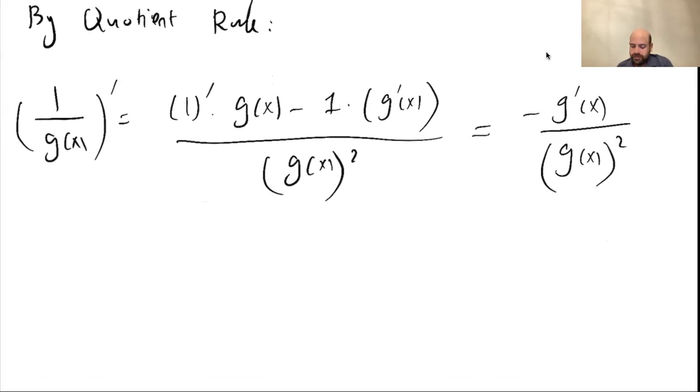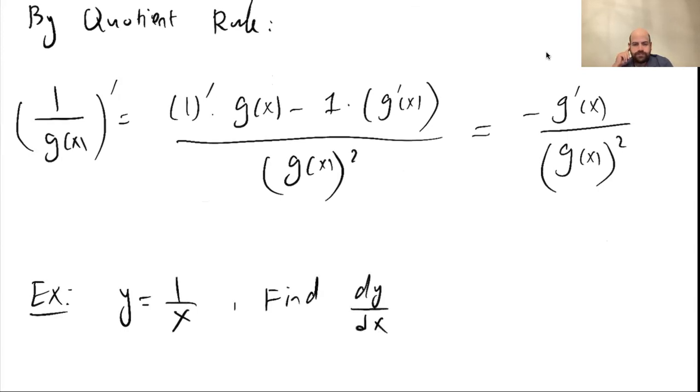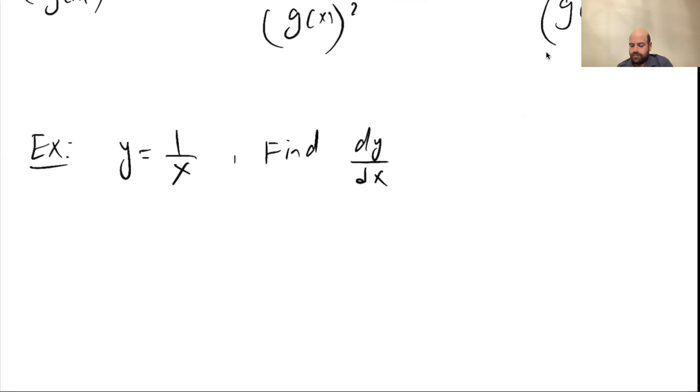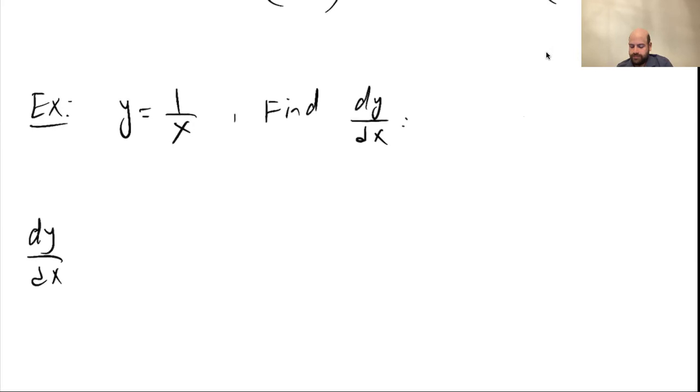So for example, let's say y equals 1 over x, find dy/dx. So how can we do this? dy/dx is going to be the derivative of 1 over x.